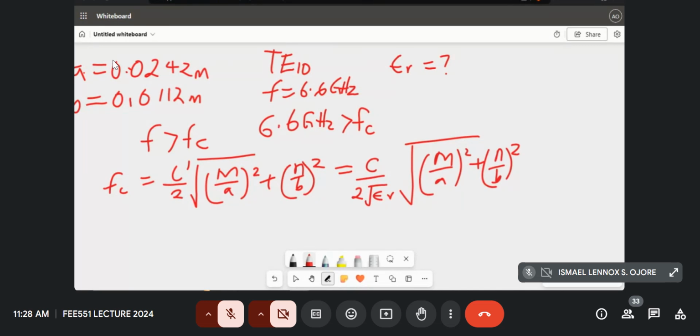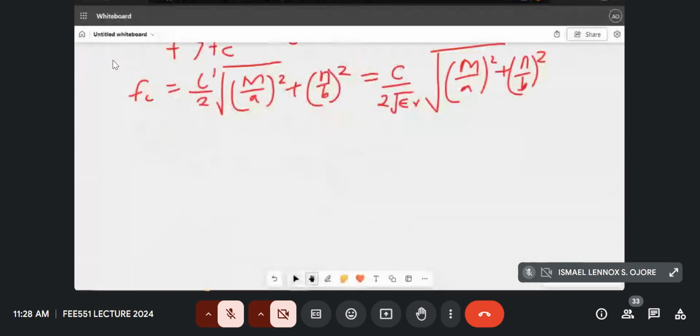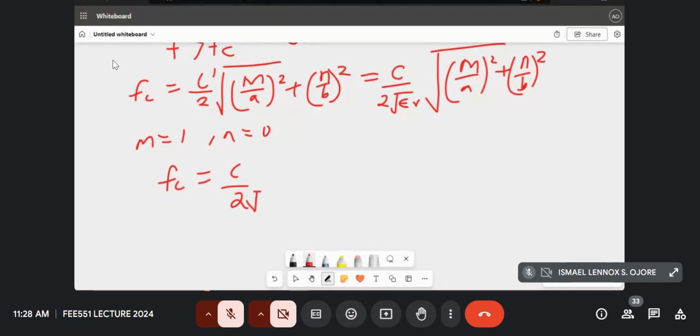So we know that that's the formula. And in TE10, m is 1 and n is equal to 0. So fc becomes c over 2 root of εr times 1 over a.